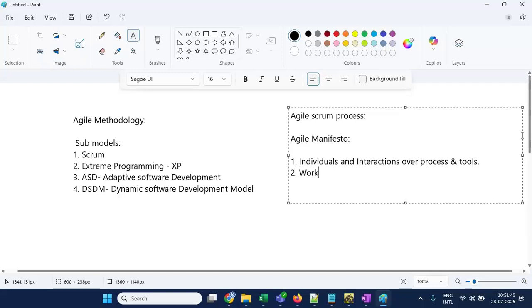Second thing, working software over comprehensive documentation.